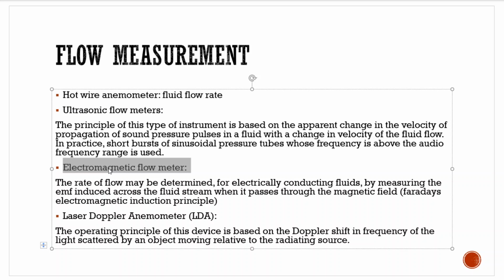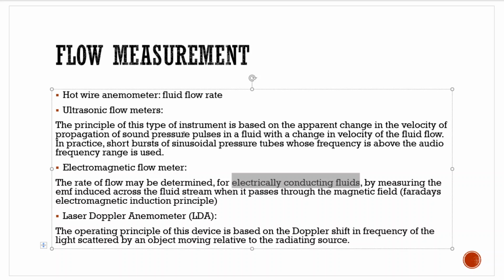Another type of device for measurement of flow is electromagnetic flow measurement devices. In this case, instead of using ultrasonic waves, we now use electromagnetic waves. The principle is similar to that of Faraday's electromagnetic induction principle. In this particular case, our fluid will be electrically conducting. Fine, we'll be having an electrically conducting fluid, and we'll be placing this fluid in a magnetic field.